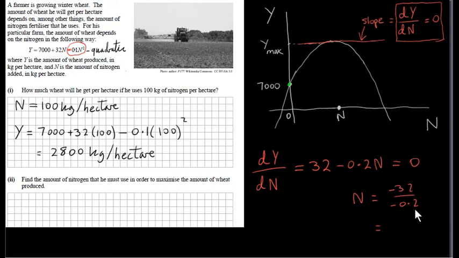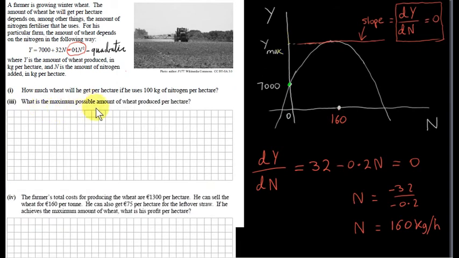That's 320 divided by 2, which is 160. And as we saw, the units of n are kilograms per hectare. I'll just write H for hectare. So when n is 160 kilograms per hectare, then we get the maximum yield of wheat.